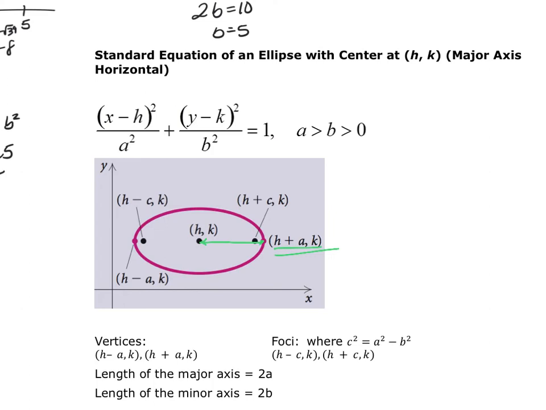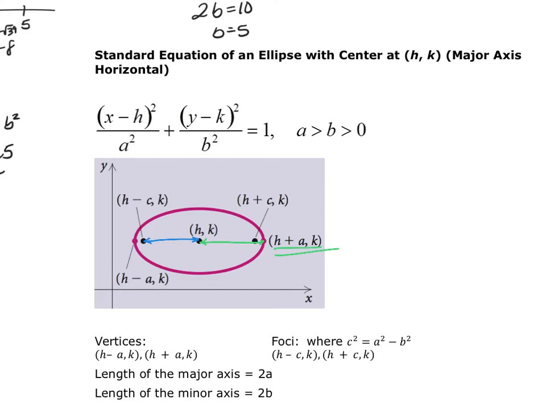The same thing is going to be true when I'm doing my foci. Notice that line that I drew, that's exactly parallel to the x-axis. So my foci are going to be my H part of my center plus and minus my C, because my y does not change.